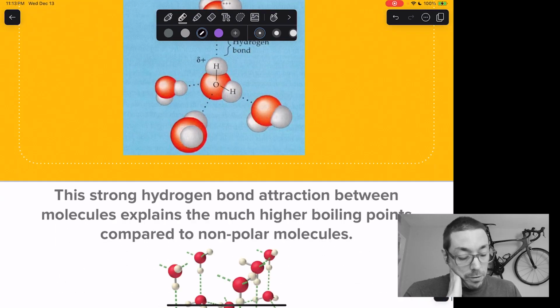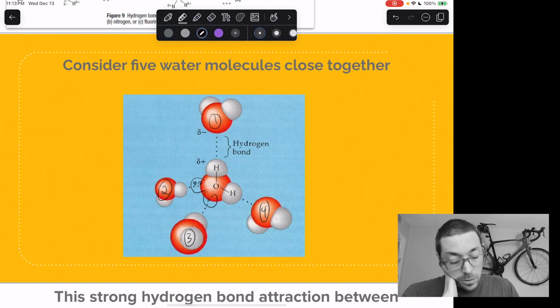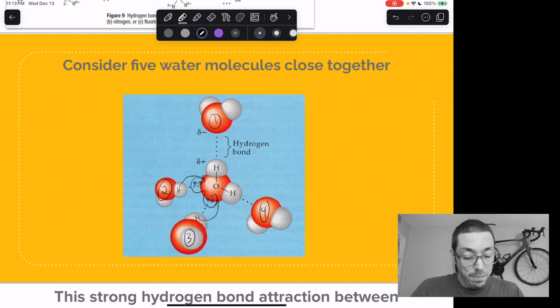So there's just a quick picture of hydrogen bonding. You can have 4 different water molecules, all hydrogen bonded to water at the same time. Remember that there's 2 lone pairs on the oxygen, so we're able to have this interaction between hydrogen here and oxygen because of that lone pair, and the hydrogen and the oxygen because of that lone pair, which results in a total of 4 outside water molecules able to interact by hydrogen bonds to that one in the middle.